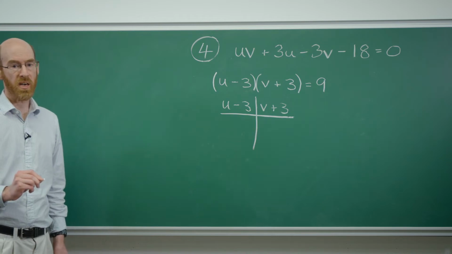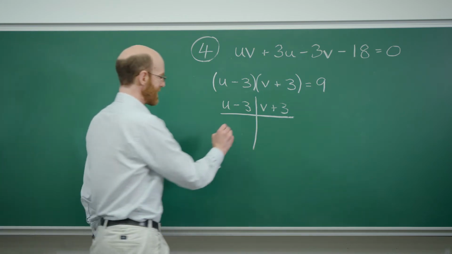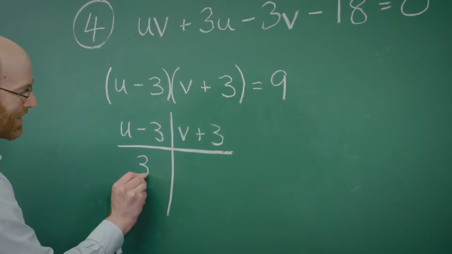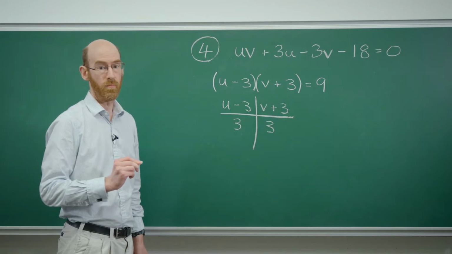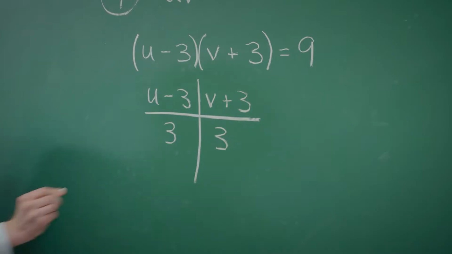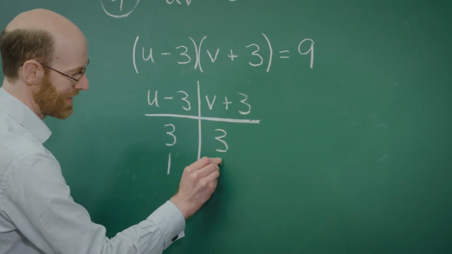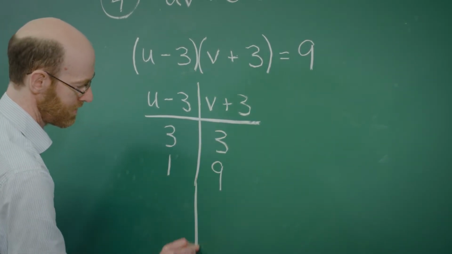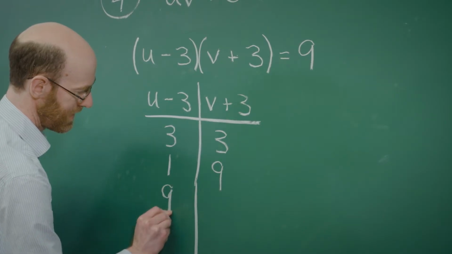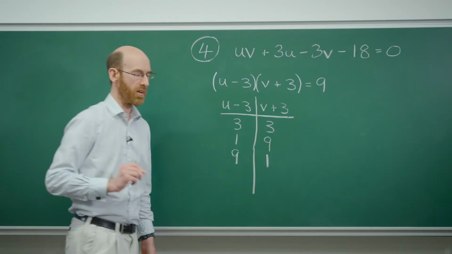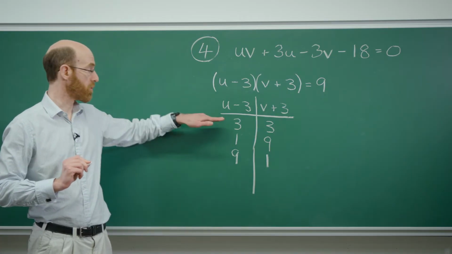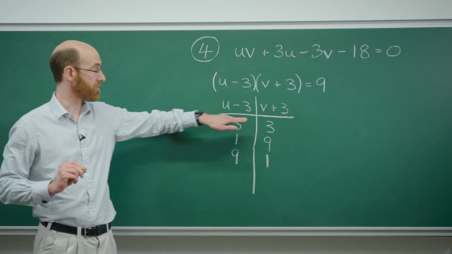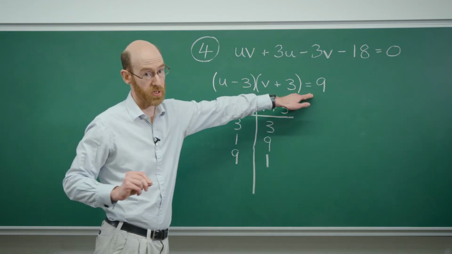first pair that springs to mind might be 3 times 3. Another pair, 1 times 9. And then 9 times 1, but there are 3 remaining, because remember, we could have a negative times a negative getting a positive value.